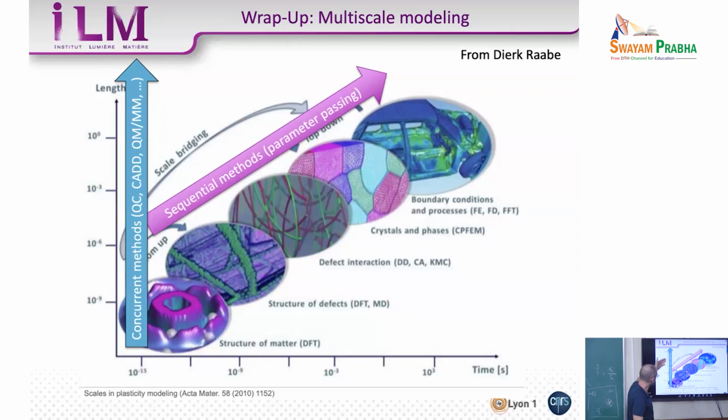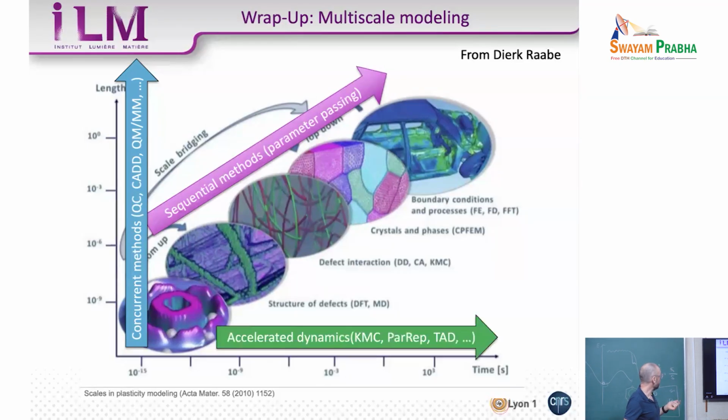These are usually called concurrent methods, and I'm going to say a few words at the end about quasi-continuum, CADD or QM/MM. All these methods work at 0 temperature. So you're down here in time scale, but you go up in length scale, or at least that's what they try to sell. But then you have other methods where you stay at the atomic scale, but you increase the time scale.